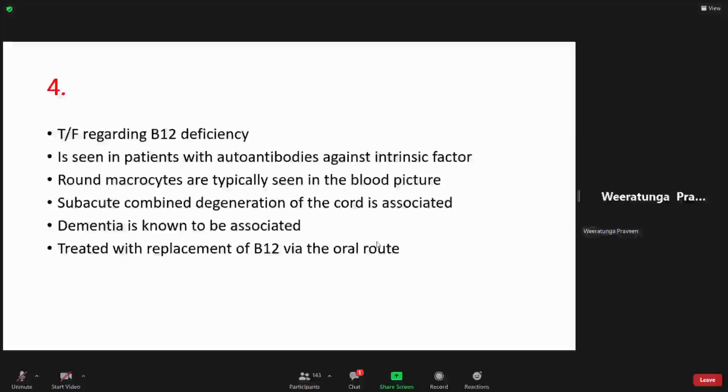Another unusual thing about B12 deficiency, which can be asked in the MCQ, is you can get a bit of hemolysis, right? A bit of hemolysis in B12 deficiency. This is actually a hemolysis that occurs in the bone marrow, because these abnormal red cell forms start breaking down in the bone marrow, right?